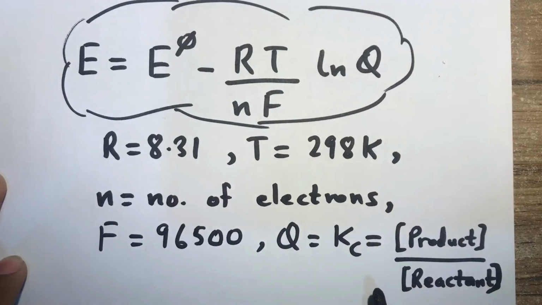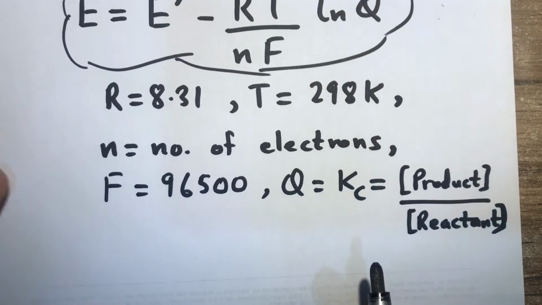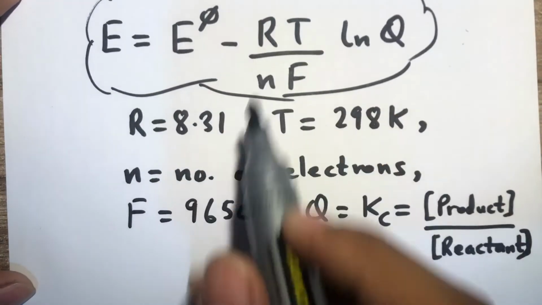Q is basically the same as Kc, it is the ratio of the concentration of products upon the concentration of reactants.